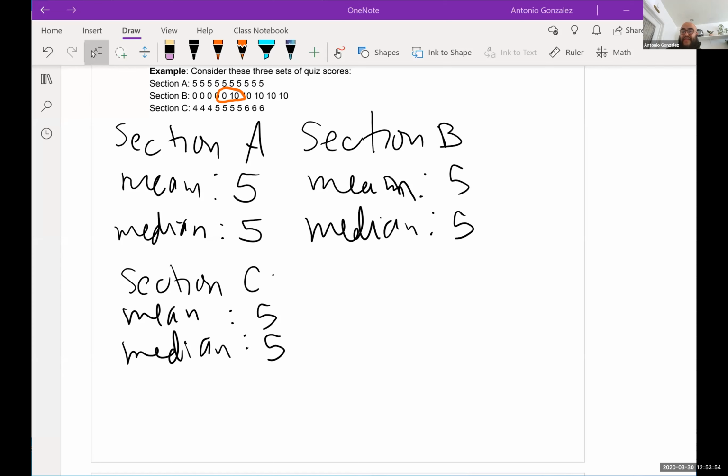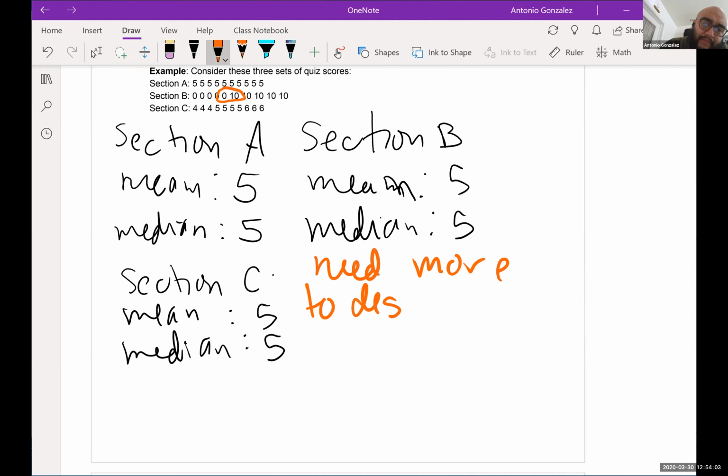Okay, so now we could see that we need more to describe the data. All right, I would like to capture the fact that these are not the same, even though the mean and the median tell me that they are based on that summary.